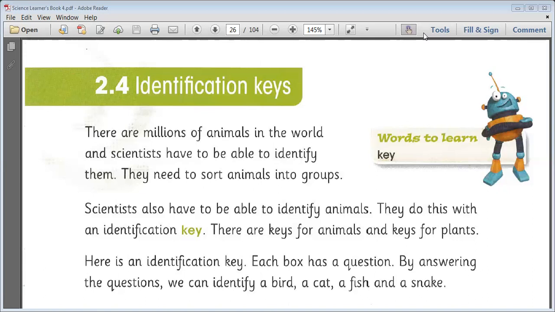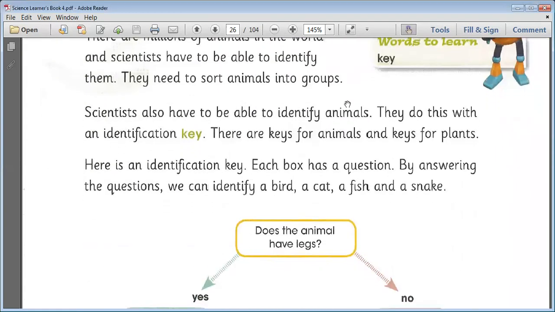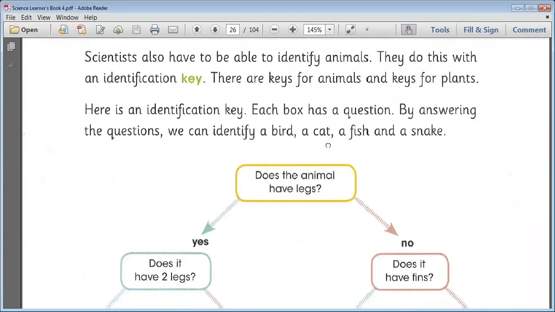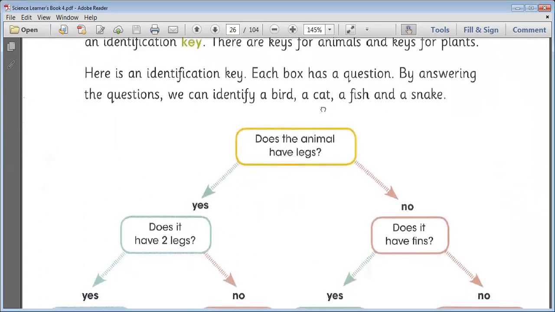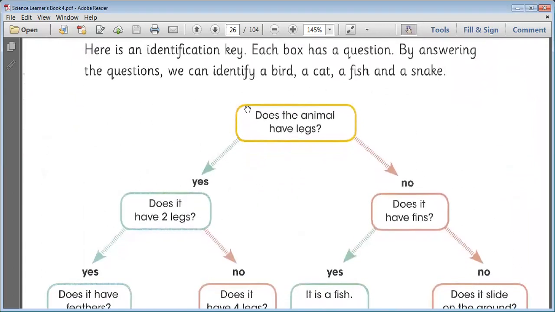Okay, here is the identification key, in which each box has a question. By answering the questions, we can identify a bird, a cat, a fish, and a snake. In this lesson, we are going to identify a bird, cat, fish, and snake.